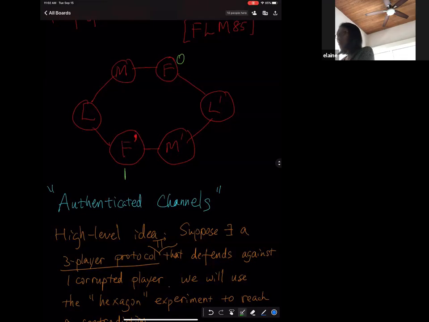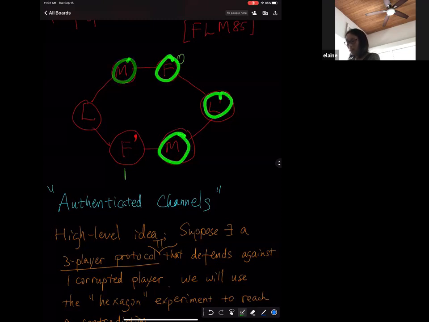Elaine, I'm sorry, I think I still don't understand why, considering in one interpretation F to be corrupt and in another interpretation L to be corrupt, why is it only different interpretations? To me it sounds like different experiments. All of them are talking about the same experiment in which there are 6 players executing the honest program.